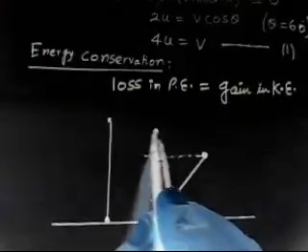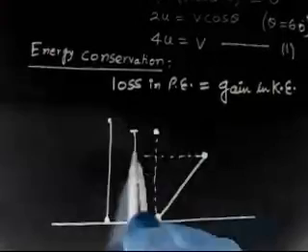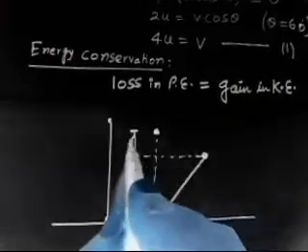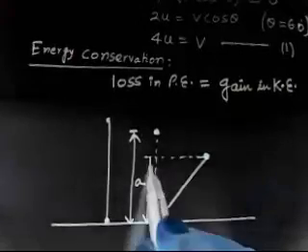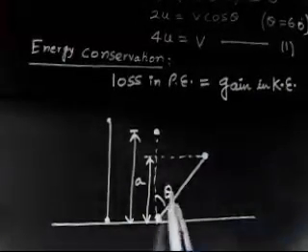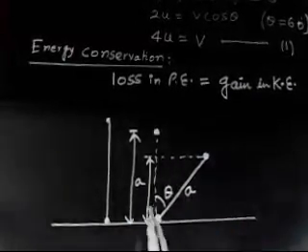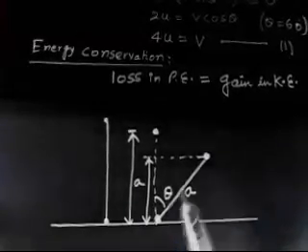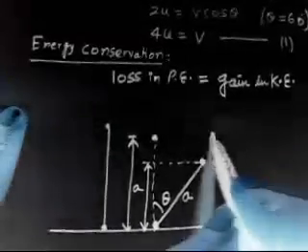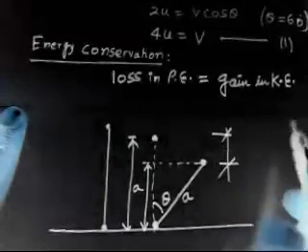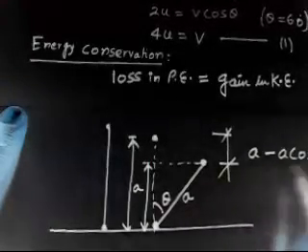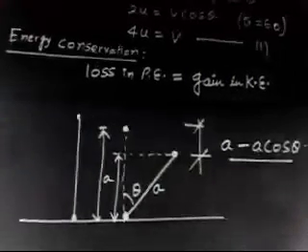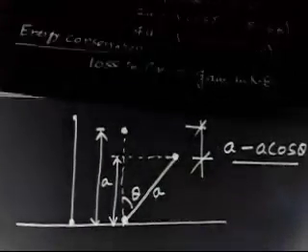This height is initially A. Now this height is A cos theta, because this angle is theta and this length is A. So this change in potential energy, the loss, is A minus A cos theta. This is the loss in height.